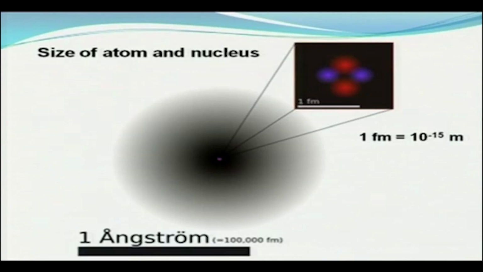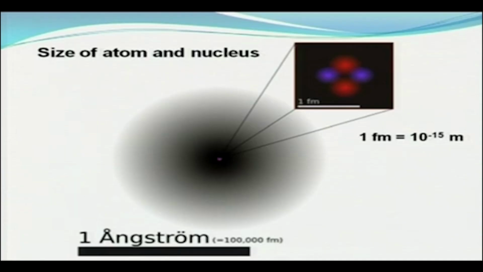Let us first look at the size of these objects. You may be familiar with the size of atoms. An atom has something like an angstrom size of radius. An angstrom is 10 power minus 10 meters. So, it is a very tiny object when we compare with the usual world objects.